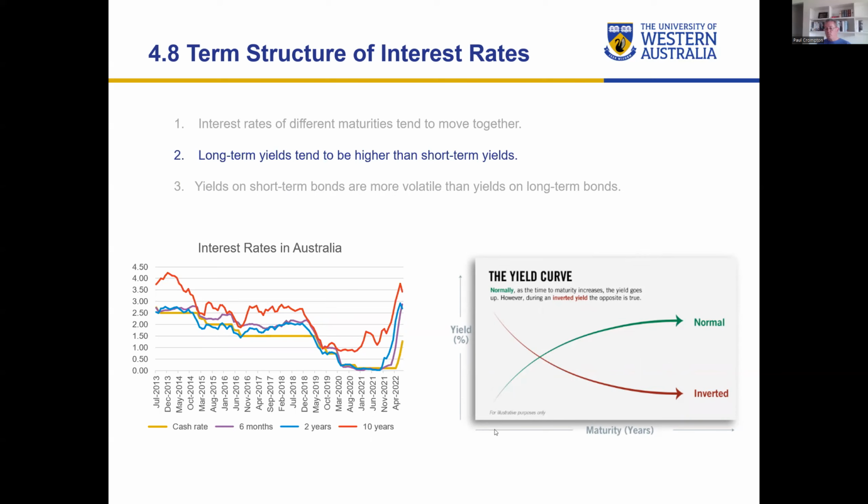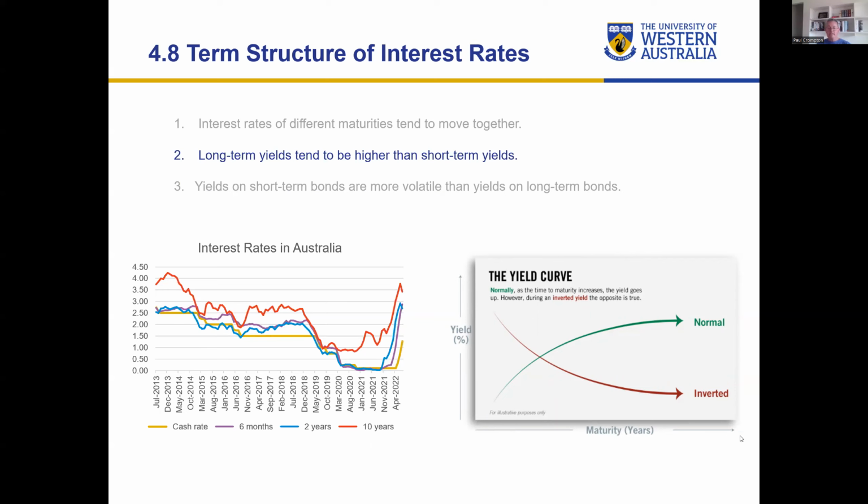So the 1-day interest rate is down here, and that's the yield. Then the 1-year interest rate is here. We go up and across, and that's the yield for the 1-year interest rate. The 10-year interest rate is here. We go up and across, and that is the 10-year interest rate. So it shows the interest rate for different yields to maturity.